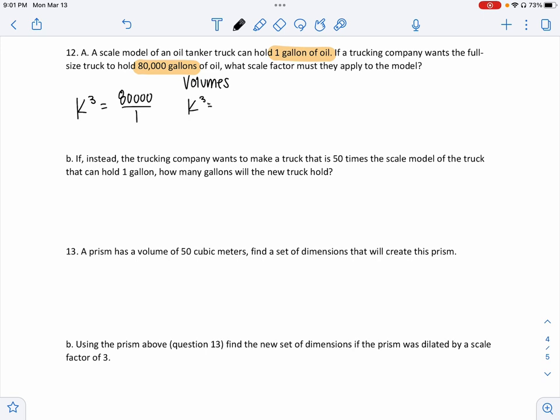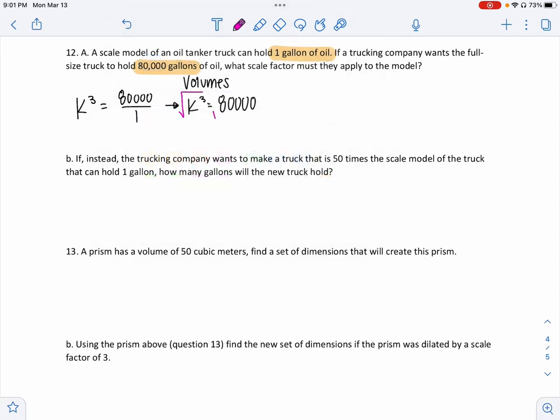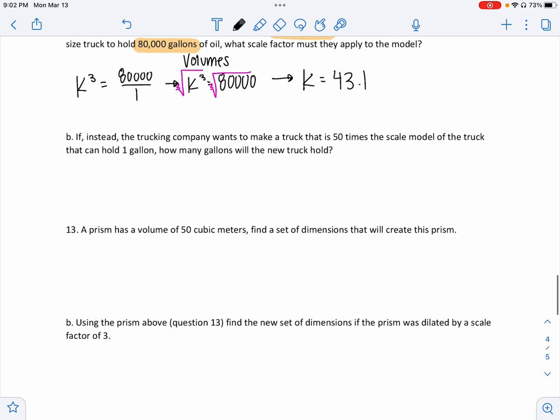So k cubed equals 80,000, which take the cube root of both sides. Calculating it, k equals 43.1. And we don't need a measurement because it's a scale factor.